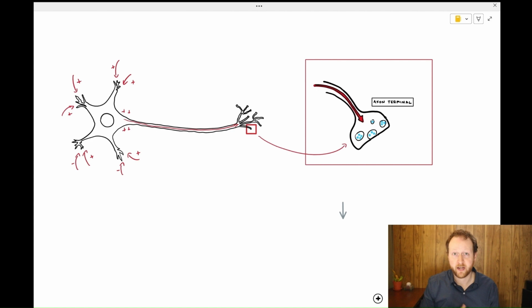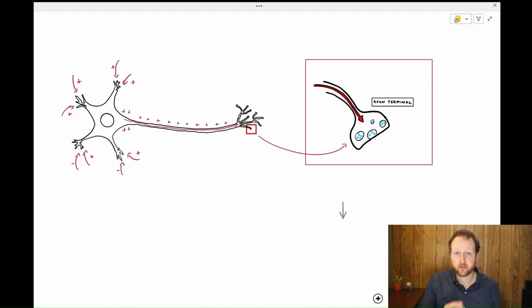This is what we call an action potential. Ion channels opening up, positively charged ions rushing into the neuron, increasing the positive charge so that there's no longer this negative net charge in comparison to the outside, and the increase of positive charge at one area of the axon is going to cause the ion channels next door to open up, and this positive charge continues all the way down.